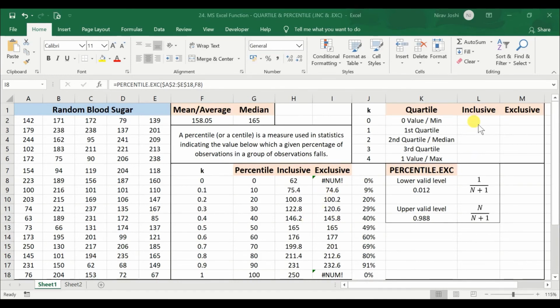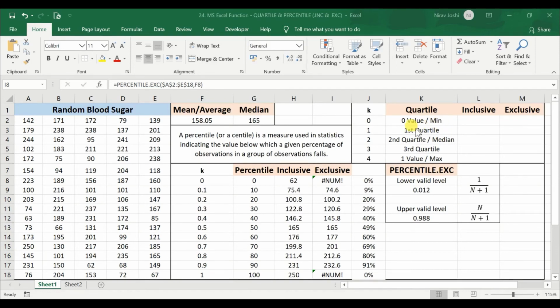Now we move to the calculation of quartile. The quartile divides the whole range into 4 different quarters. So the first quartile means there will be 25% of data below that cutoff and 75% above that cutoff.